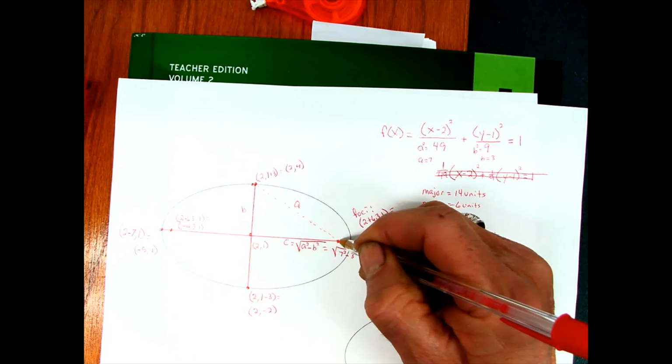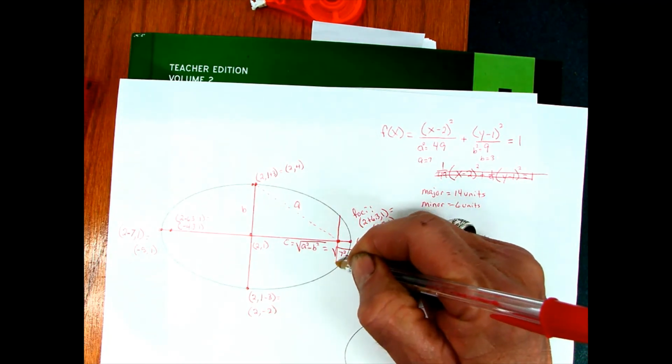Now there's a couple of other things on the worksheet called the eccentricity of the ellipse, which is just a ratio that describes the roundness of the ellipse, and also the length of the latus rectum, which is a line segment that is perpendicular to the major axis and goes through the foci.